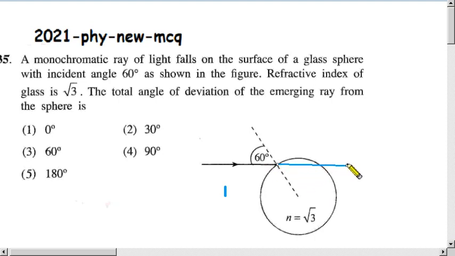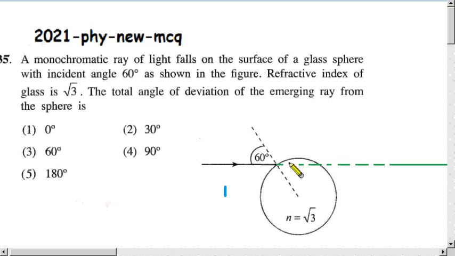So the incident direction is this one. The incident ray is heading this way. So we have to consider that like this and show it using a dash line. So that is the direction of incidence.